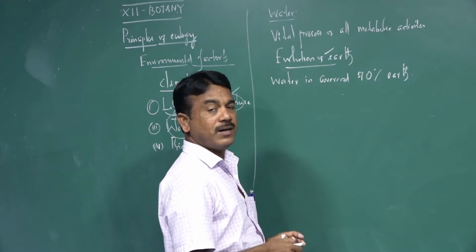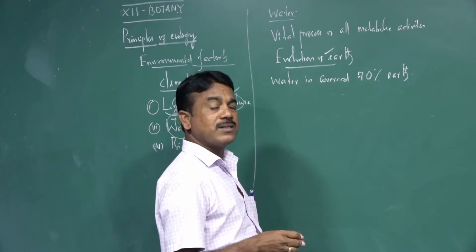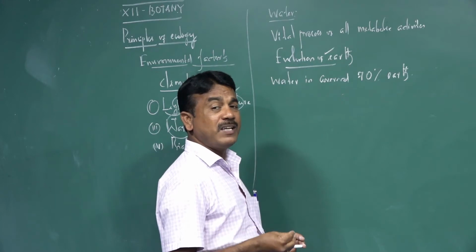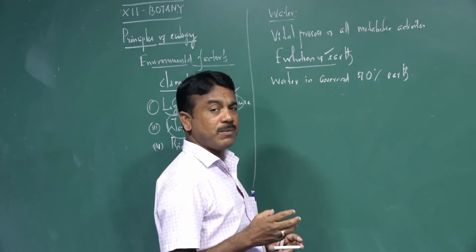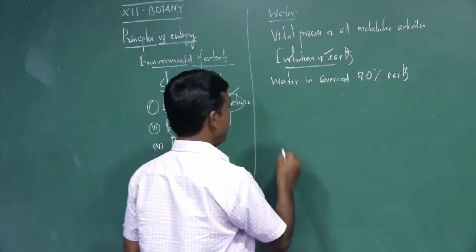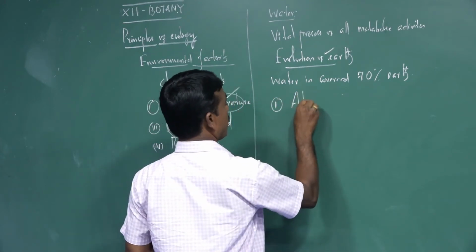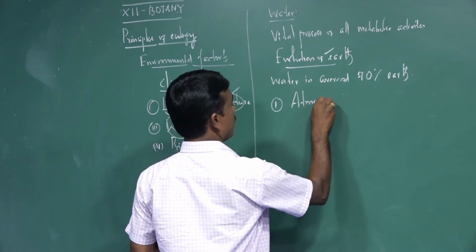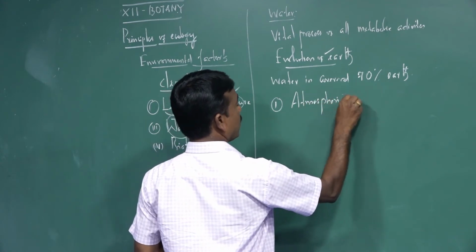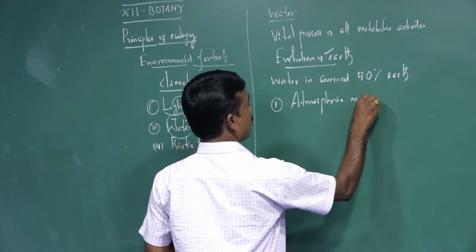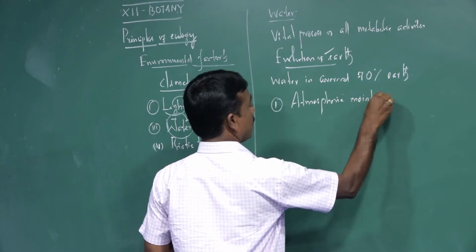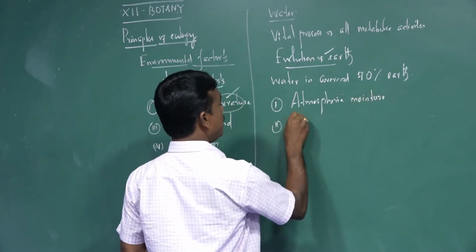For plants, the availability of water is obtained in three ways. First, atmospheric moisture. Second, precipitation.